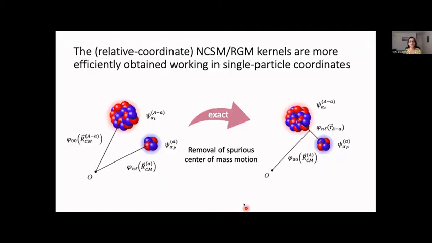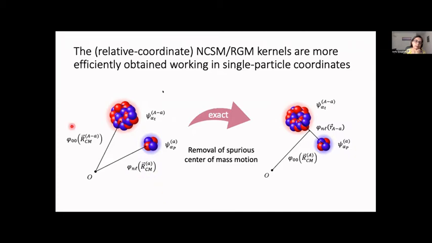So it turns out that to compute these translationally invariant integration kernels, rather than working in a Jacobi coordinate, as the invariant coordinates I showed earlier, it's actually more efficient to work with a single particle basis, and specifically with a configuration of this kind, where we have a target with a zero center of mass motion, and then a projectile which instead has an excited center of mass motion.